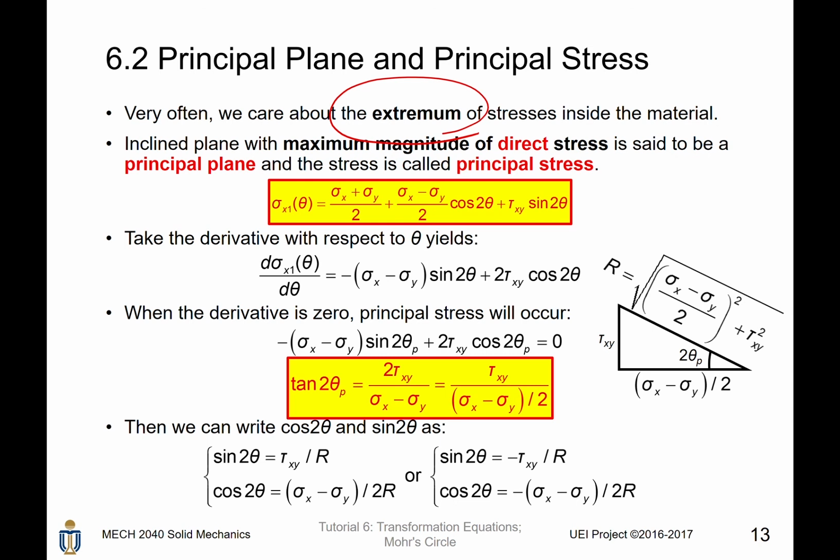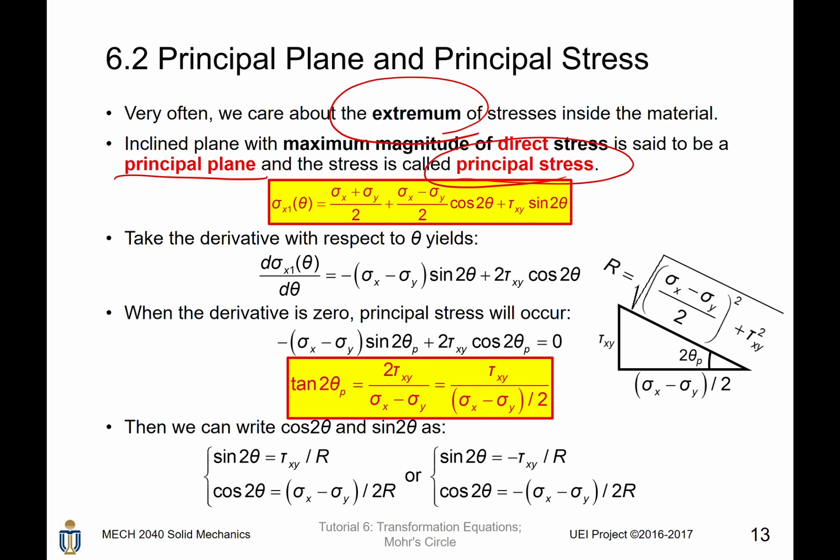An inclined plane with maximum magnitude of direct stress is said to be a principal plane, and the stress is called principal stress. So the principal plane and principal stress are basically about at what angle of inclination you can obtain the maximum stress inside the stress element.